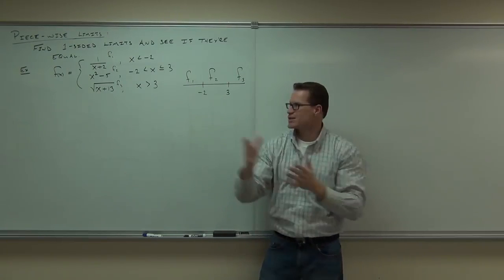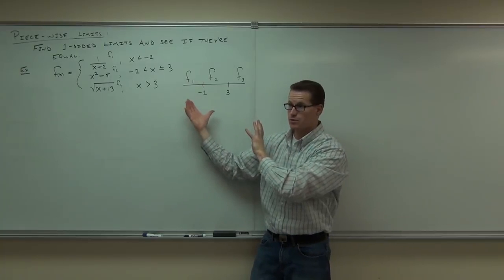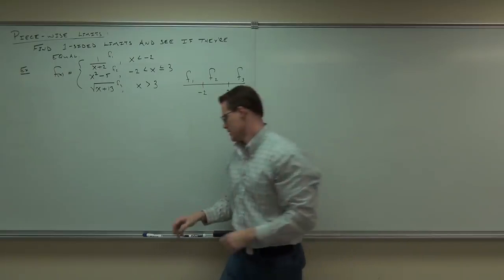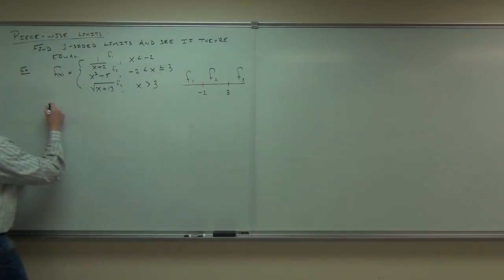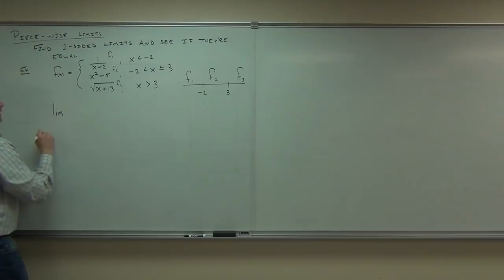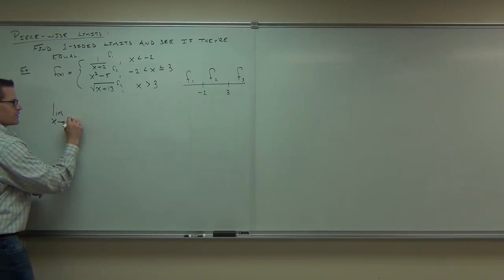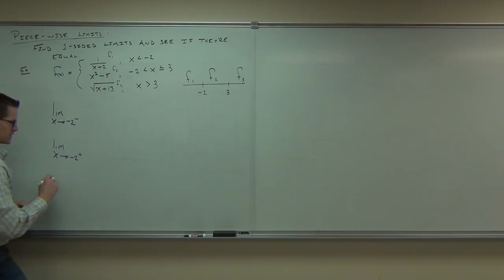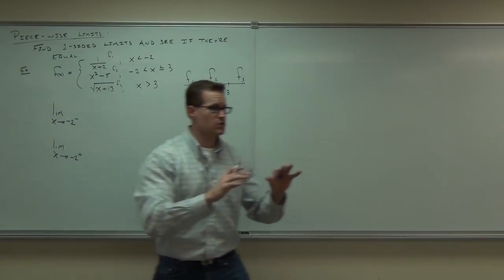So now, because we have this, it gives you a pretty good idea of what your graph looks like, right? This is how you make up your one-sided limits. So I'm going to take a limit as x approaches negative 2 from the left, a limit as x approaches negative 2 from the right, and I'm going to see if those two things are equal.